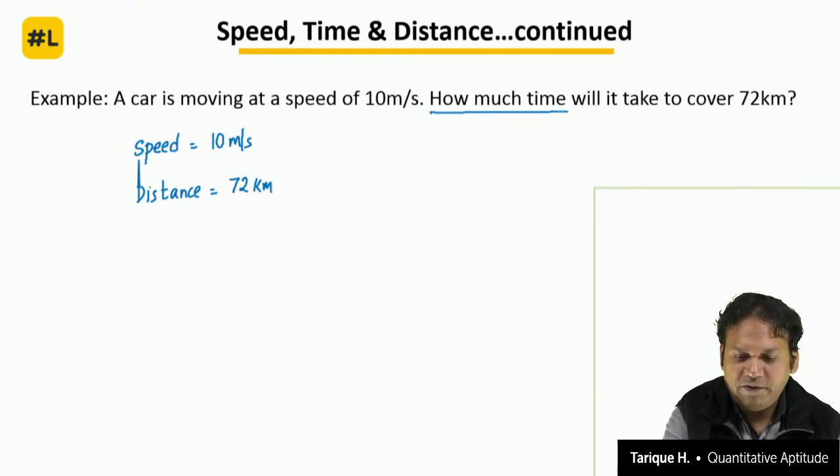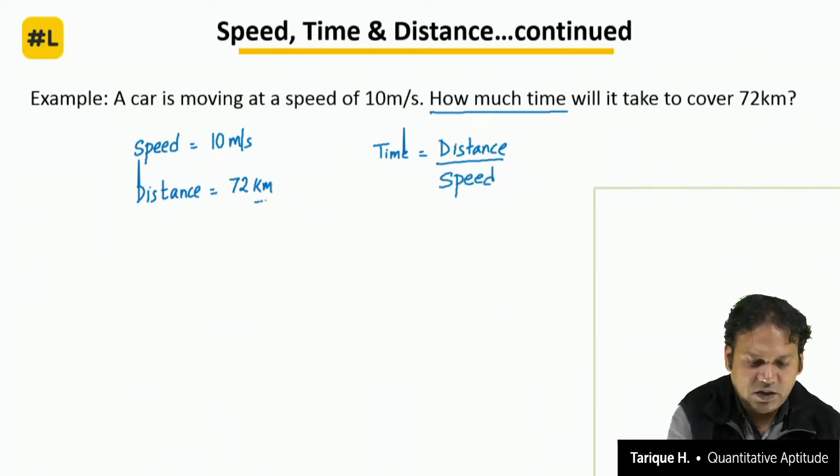How much time? We have to find out the time taken. So what is the formula for time? Time is equal to distance by speed.